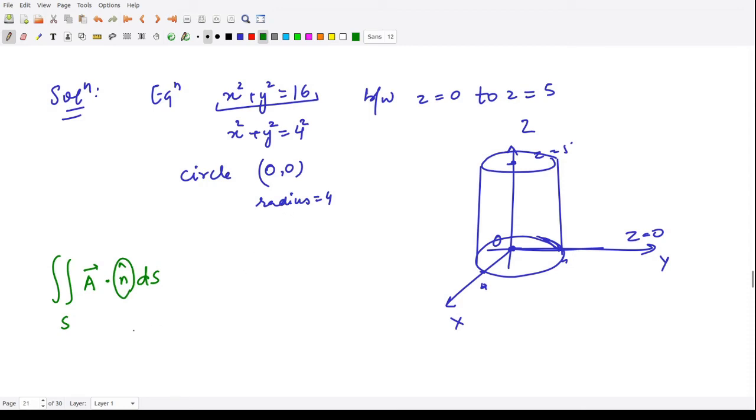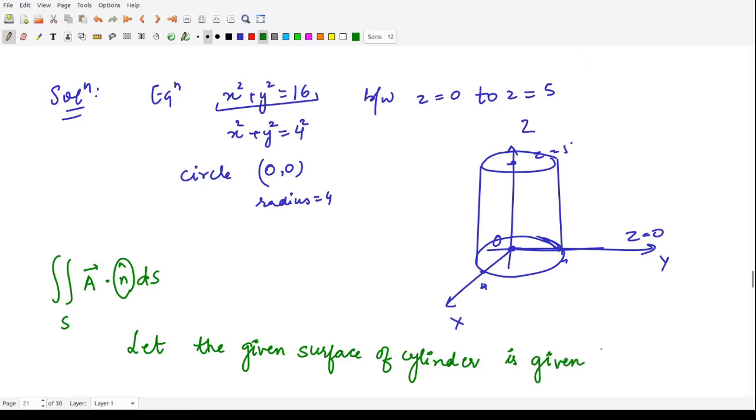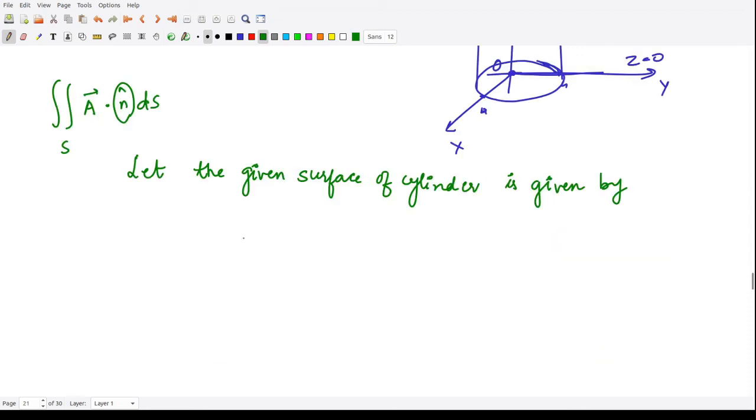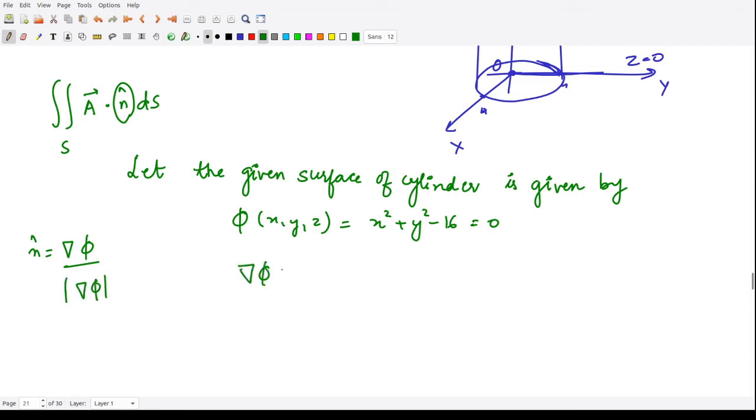So let us assume that the given surface of the cylinder is given by the symbol phi. So phi of x, y, z is equal to x square plus y square minus 16 is equal to 0. According to that, because we wanted to calculate this n vector, it would be equal to del phi divided by the magnitude of del phi. So what is the gradient of this vector?